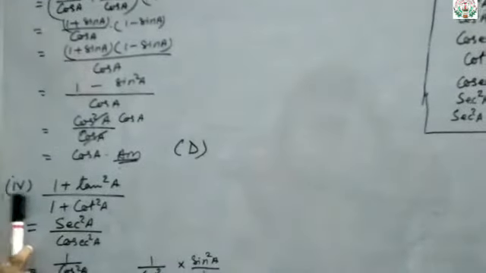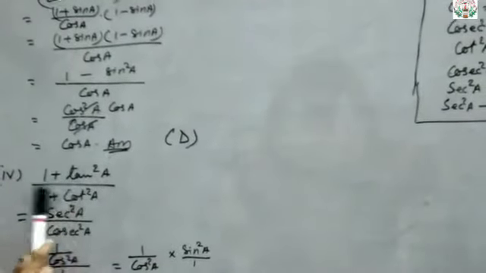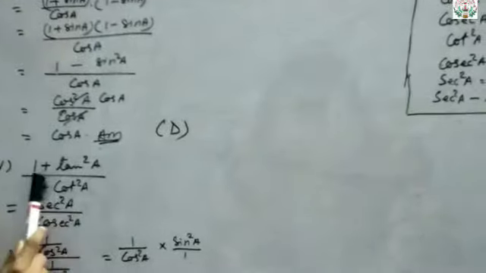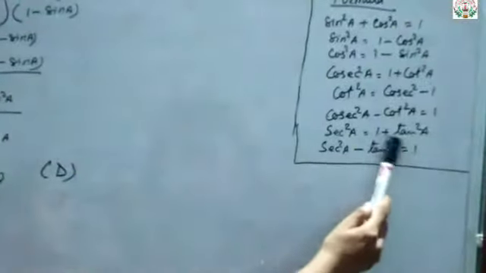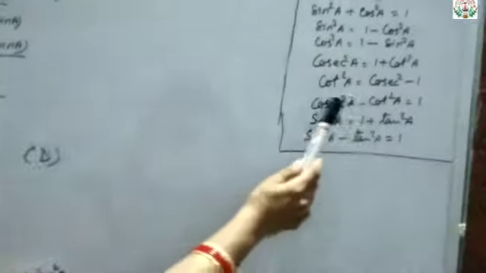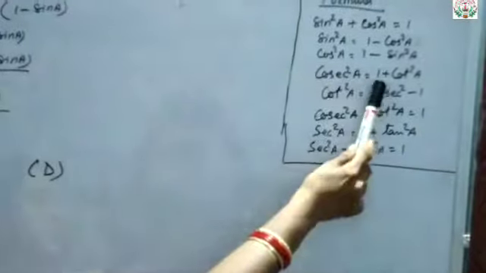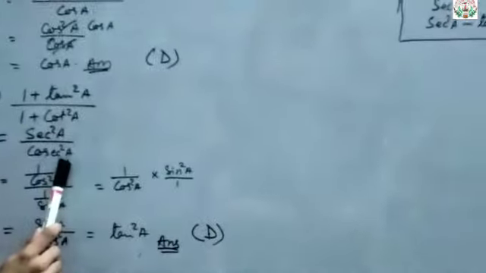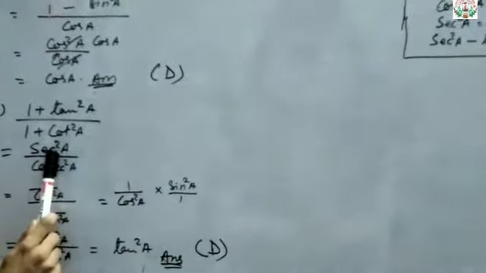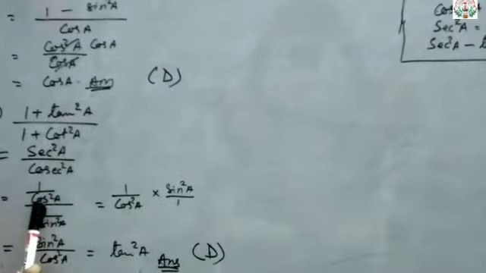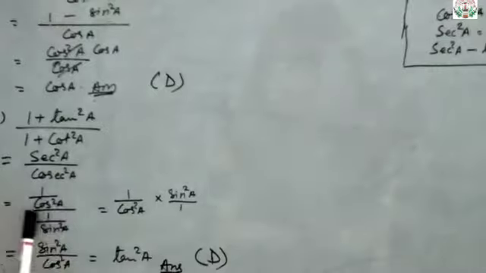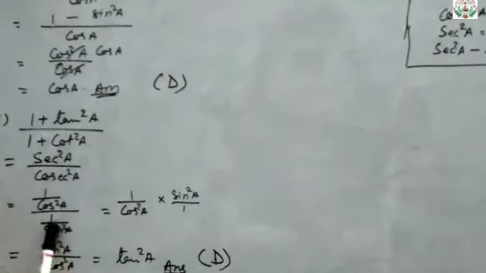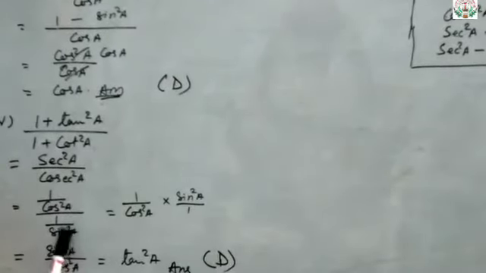Now the fourth one we will see: 1 plus tan square A upon 1 plus cot square A. 1 plus tan square A is what? Sec square A. And 1 plus cot square A, you can see the formula, that is cosec square A. So sec square A can be written as 1 upon cos square A, and cosec square A as 1 upon sin square A, because that is the reciprocal.